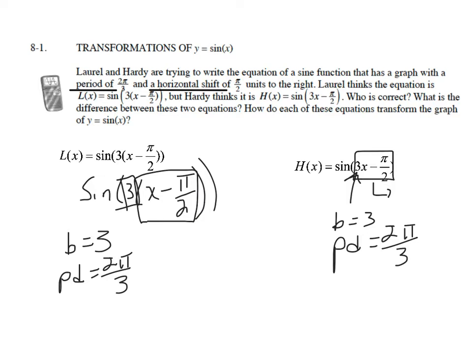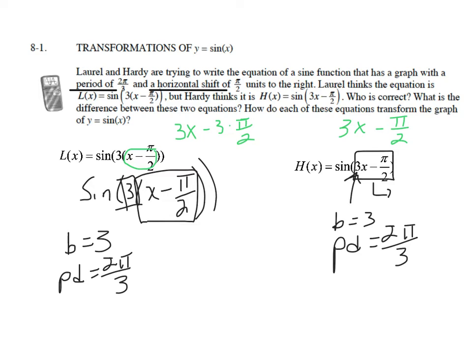This one has an extra set of parentheses. In other words, it is really 3 times x minus 3 times pi divided by 2, where this is just 3 times x minus pi over 2.